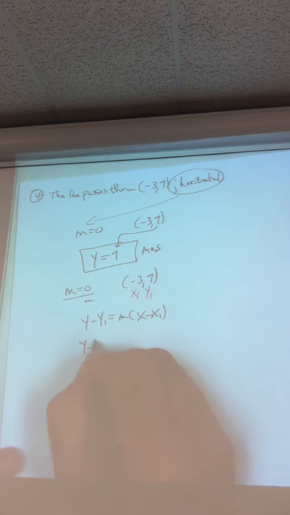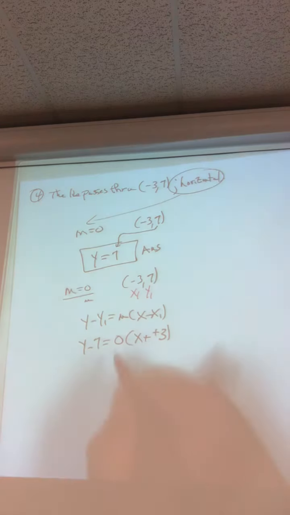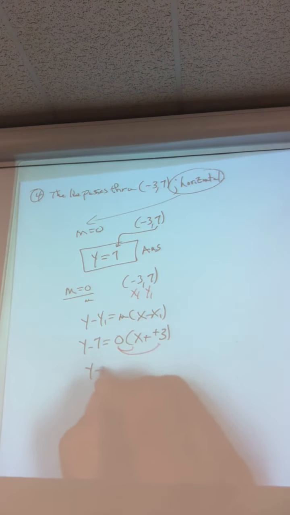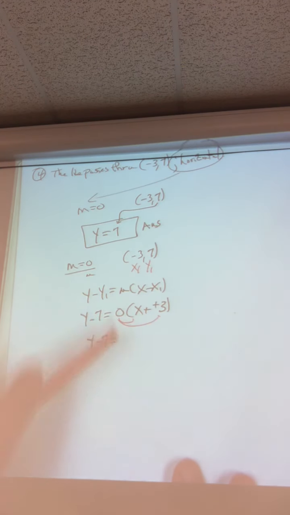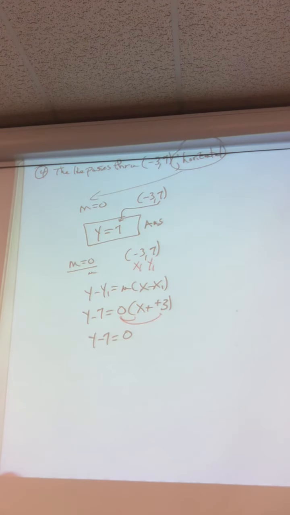So this would be y minus 7 equal m, which is 0, times x minus negative 3. Double negatives gives me a positive. But when you distribute with the 0, 0 times x is 0. 0 times 3 is also 0. So there's nothing left over here.